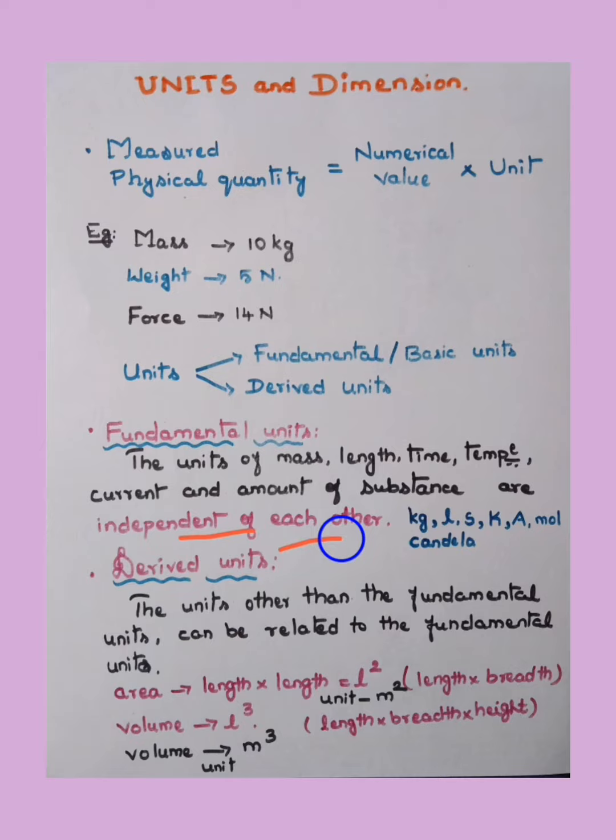For example, the unit of mass is independent. What is the SI unit of mass? It is kg. For length, we say meter.